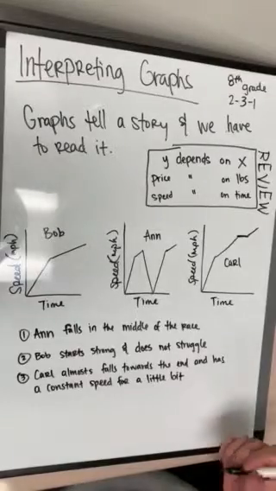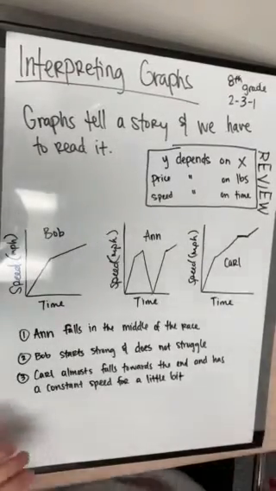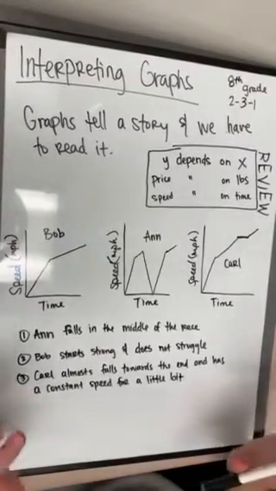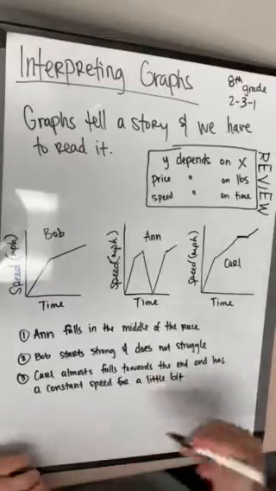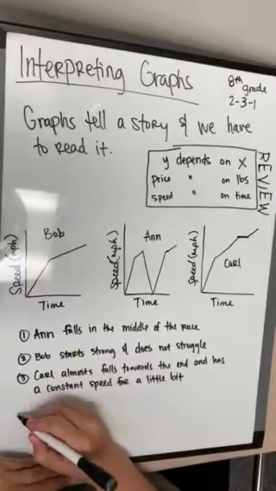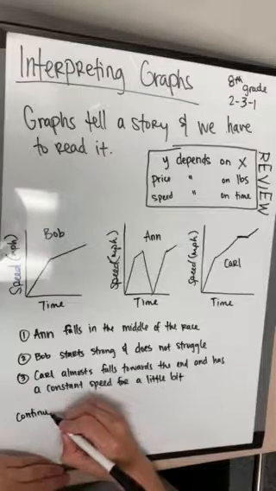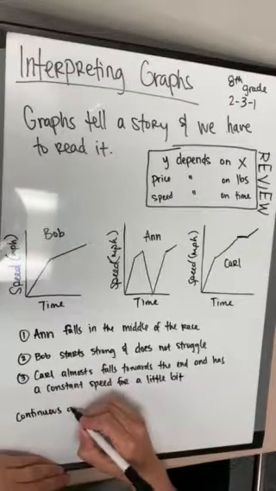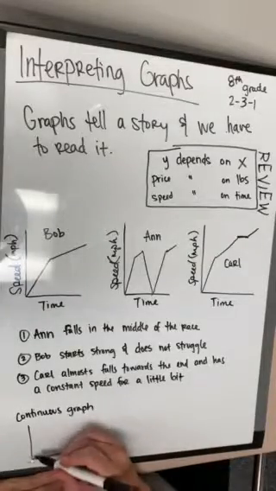There are 2 words that you will hear over and over again. The first is a continuous graph. It means that it's aligned, it doesn't stop. It looks like a line, right?